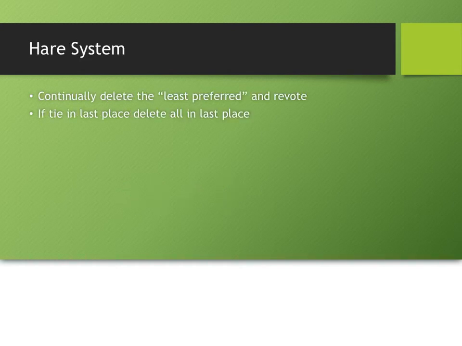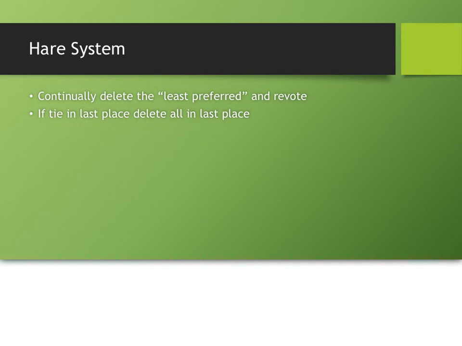Now another system is what's called the Hare system. All right. And it turns out the Hare system has some really interesting advantages. Basically how it goes is you continually delete the least preferred.